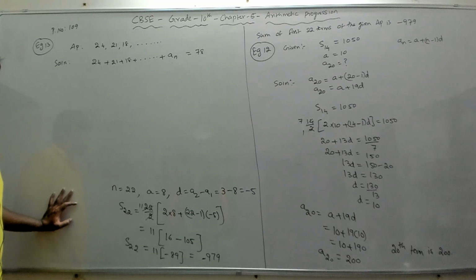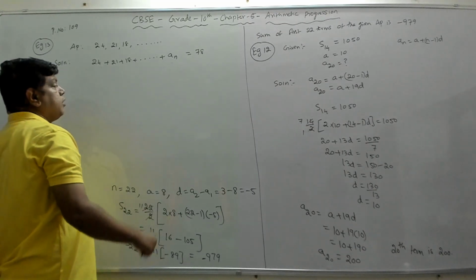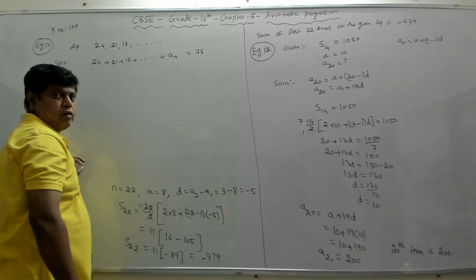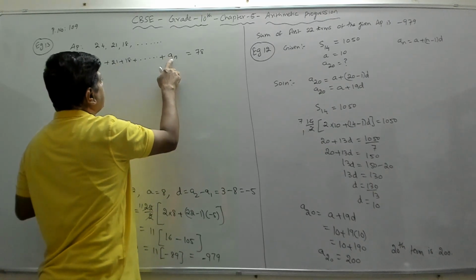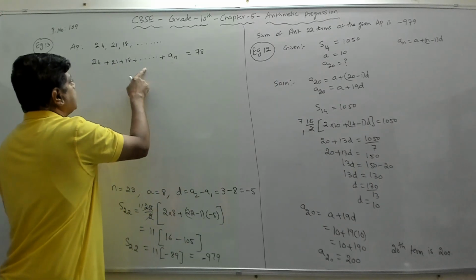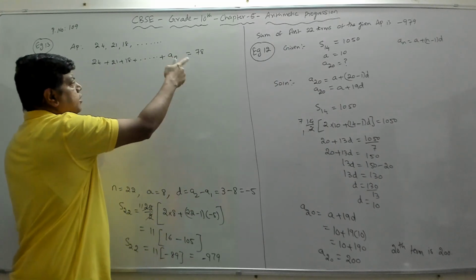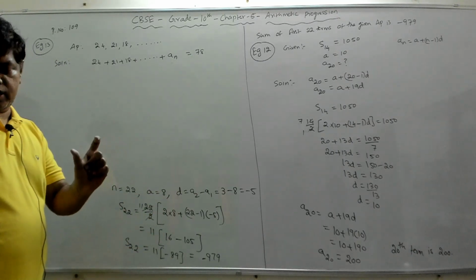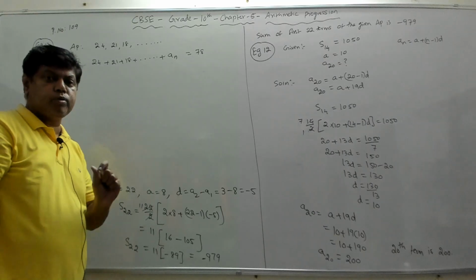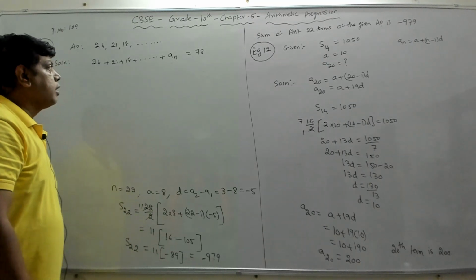We have to find what n should be. So n terms are there here, and an is the nth term. Suppose if we add n terms, we get 78. We have to find the value of n. That's what they are saying.